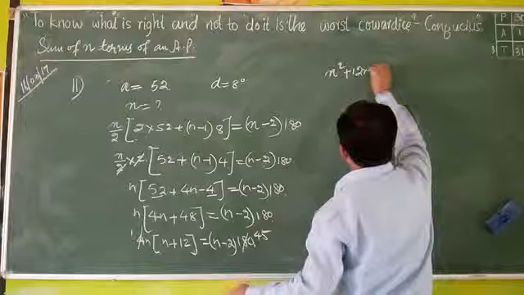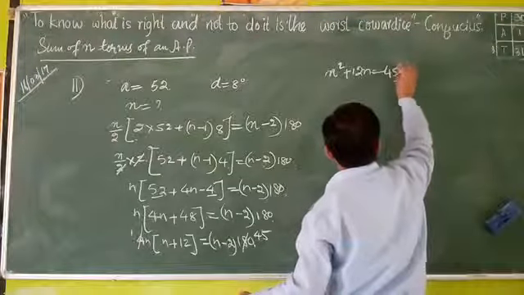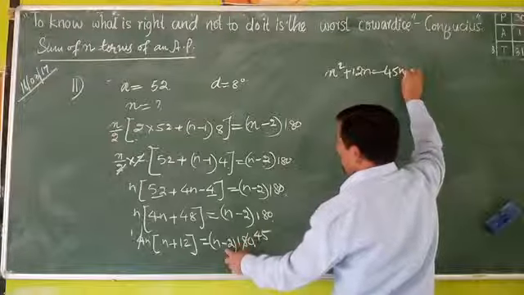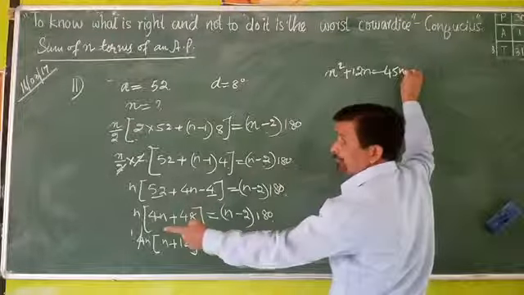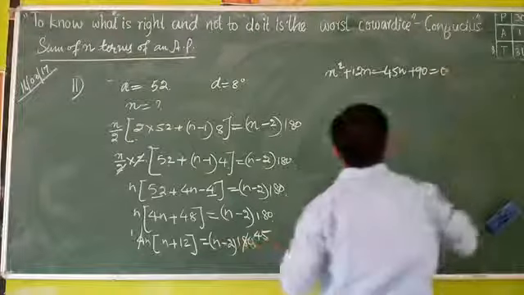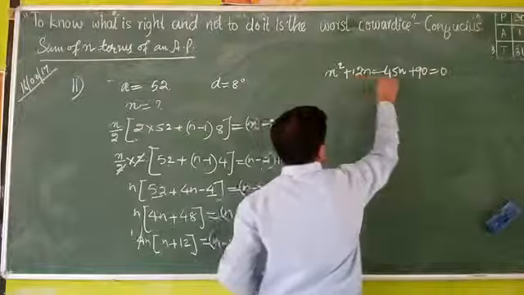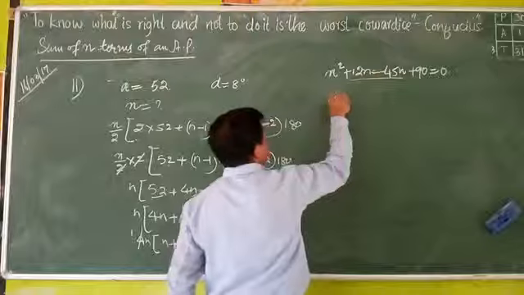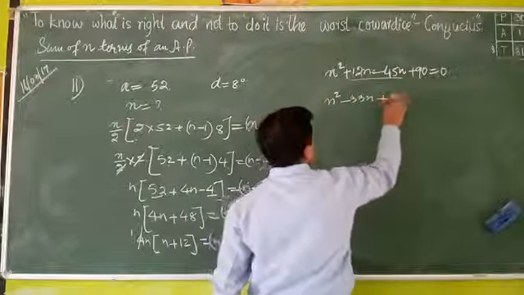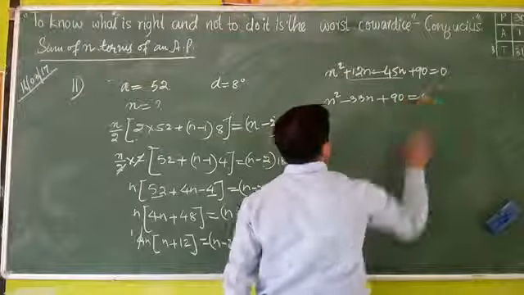It will become minus 45n, and then 45 into 2 is 90. When it goes to that side, it will become positive. So n square plus 12n minus 45n plus 90 is equal to 0. Now these two are like terms, they can be simplified together. This is n square minus 33n plus 90 is equal to 0.